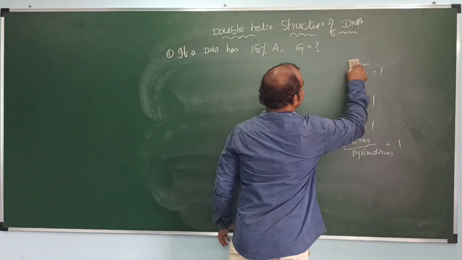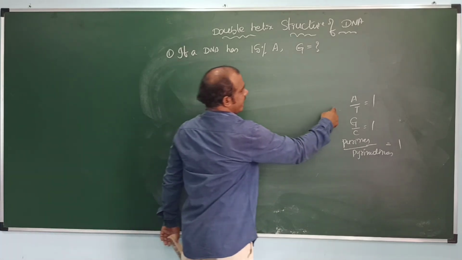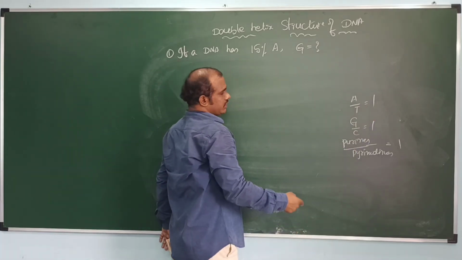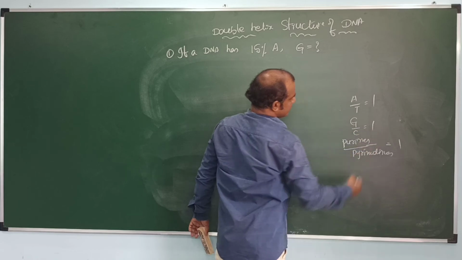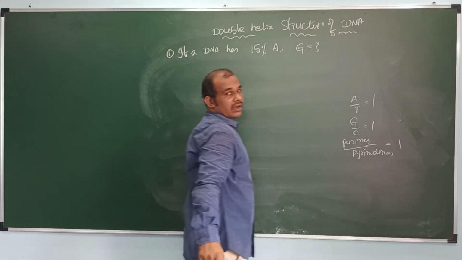Sorry, this is the base ratio. The ratio between A and T is always 1. The ratio between G and C is always 1. The ratio between purines and pyrimidines is also 1.